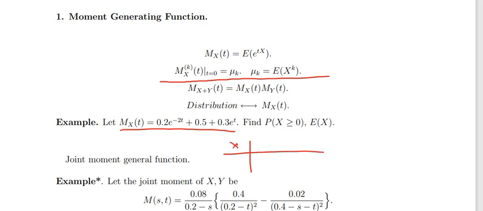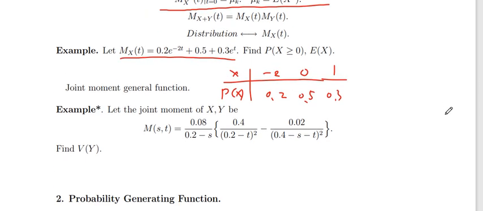distribution for x. X can be -2, and x can be 0, and x can be 1, right? So according to the definition, the probabilities here are 0.2, 0.5, 0.3. So from the moment generating function, we can have its density function or distribution.